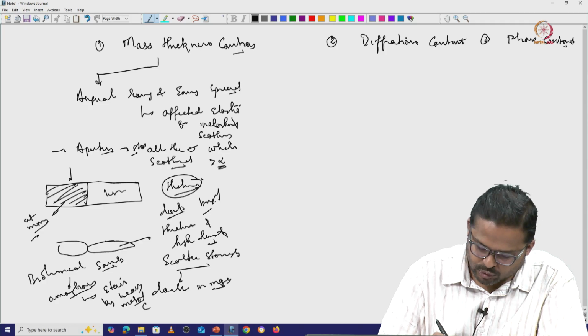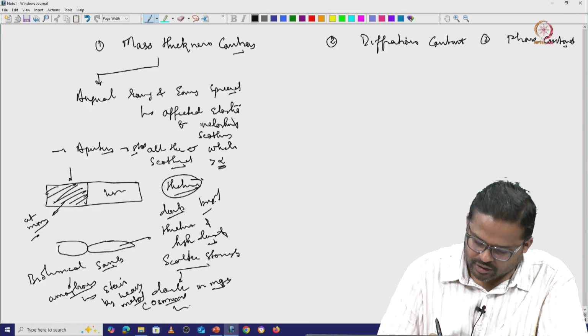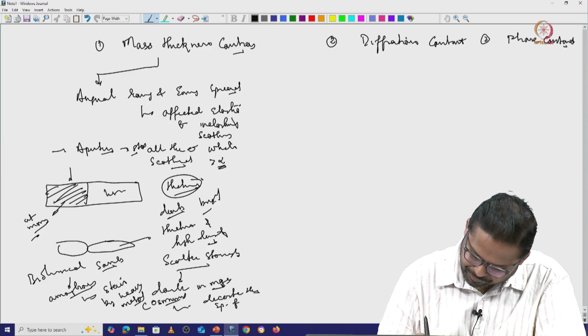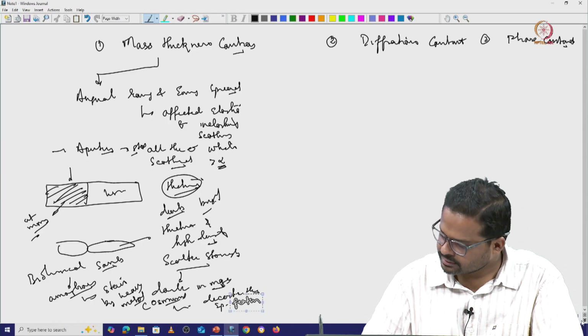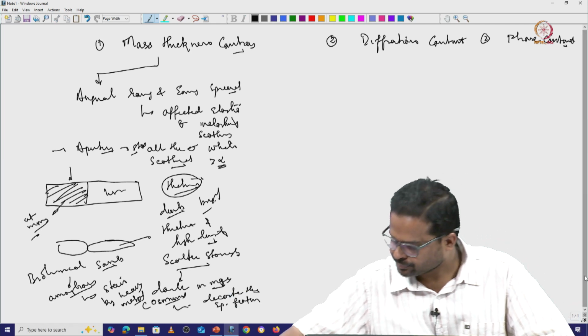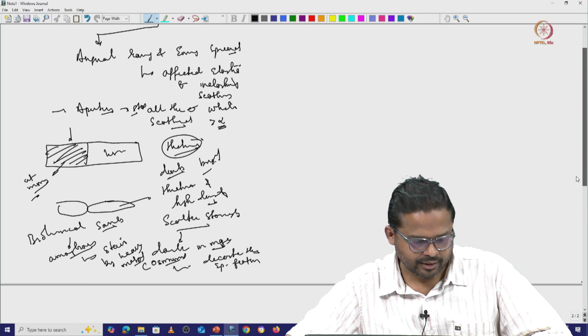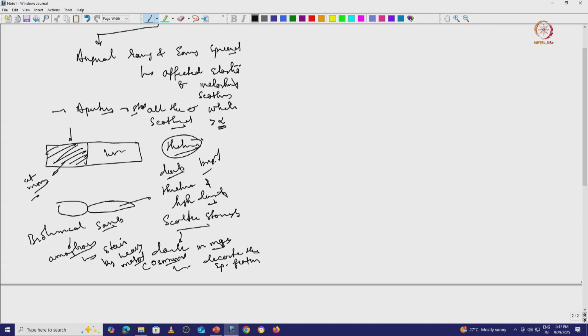For example, they will mostly use osmium, and this is used to decorate the specific feature that leads to higher contrast during imaging. Okay. So, this is an example of mass thickness contrast.